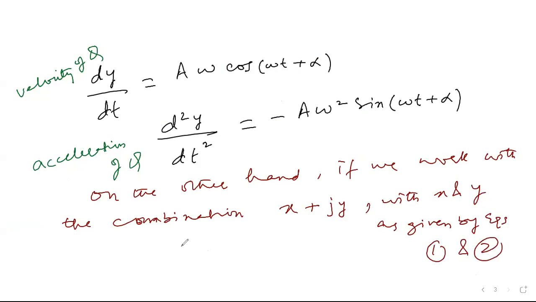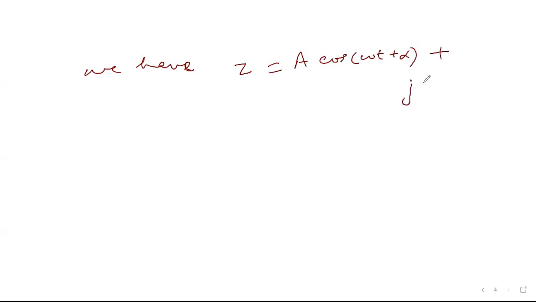So what we get, let me use another page. We have z, which denotes the complex displacement or complex position. It becomes a cos omega t plus alpha plus j a sine omega t plus alpha, right?